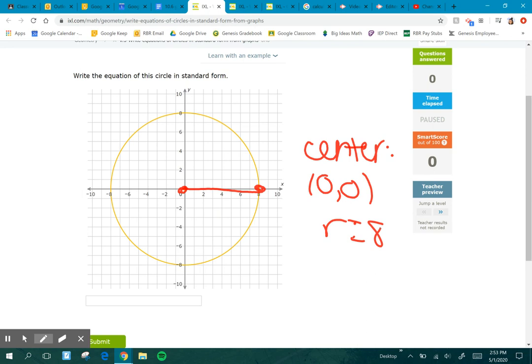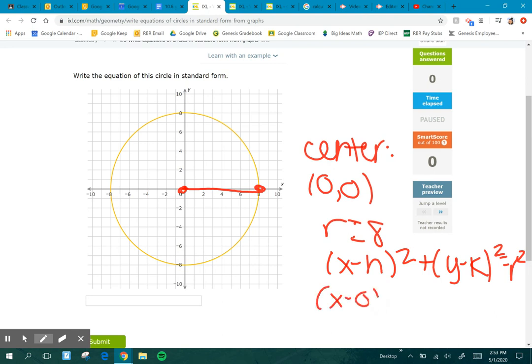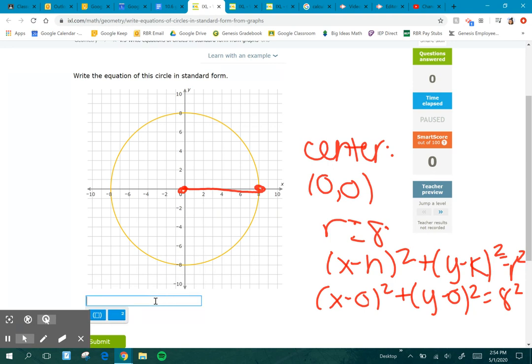Now I can plug it into that formula. So I have x minus h squared plus y minus k squared equals r squared. My center is 0, so it becomes x minus 0 squared plus y minus 0 squared equals, my radius is 8 squared. Now, IXL doesn't even want the x minus 0 and y minus 0.